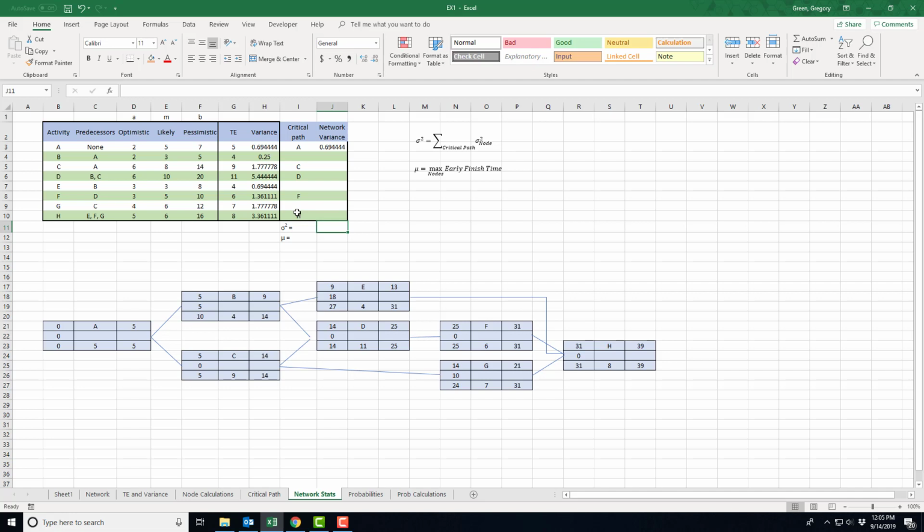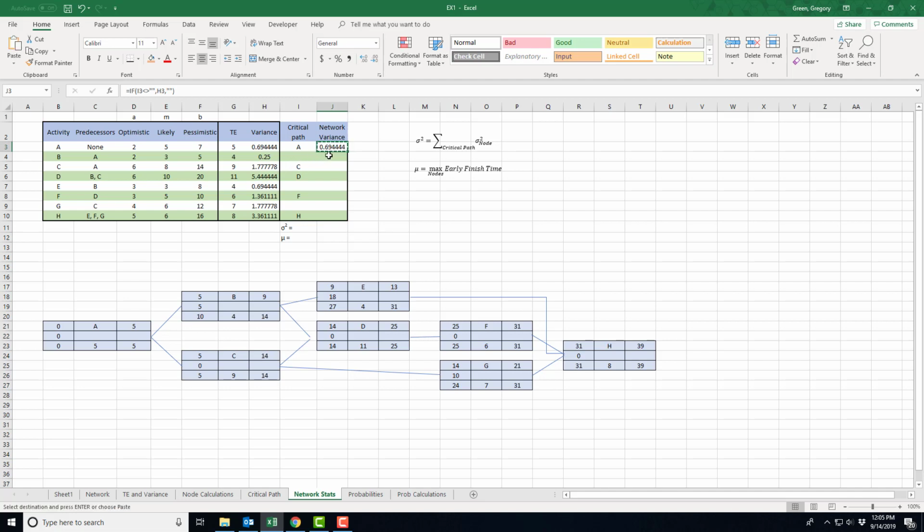Okay? So the network as a whole also needs to have a variance, and I've written it here as the variance for the network as a whole. Well, I need to sum, that's what this gigantic capital sigma means, if you recall from math. I'm going to sum only the variance of nodes on the critical path. Okay? Well, A is on the critical path, so I want the variance from A. All right, well, B is not on the critical path.